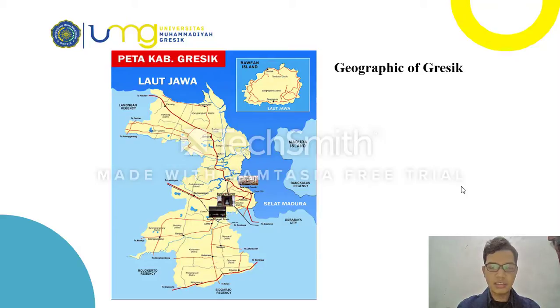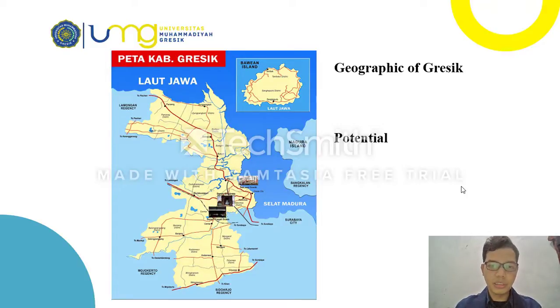Gresik Regency is lowland, located at a height of 2 to 12 meters above sea level. With this geographical location, it is directly adjacent to large waters such as the Java Sea and the Madura Strait. Gresik Regency is a coastal area that has abundant natural resources from the sea.